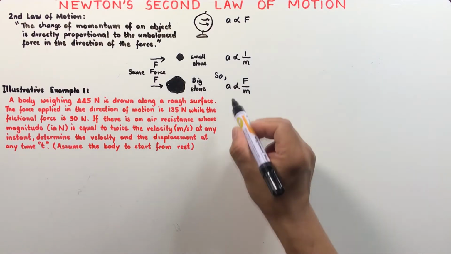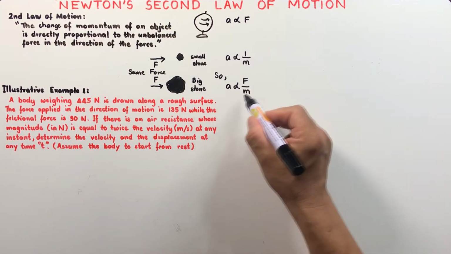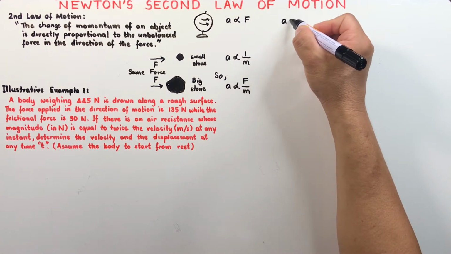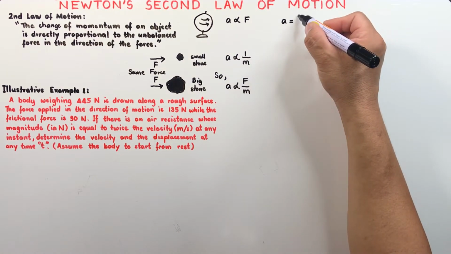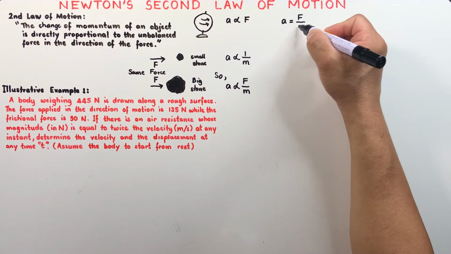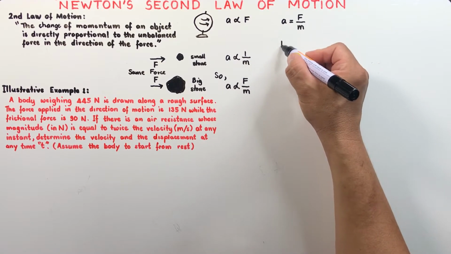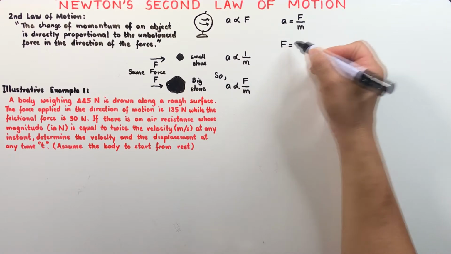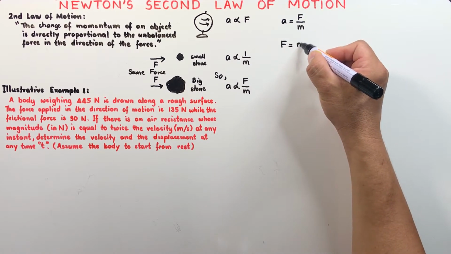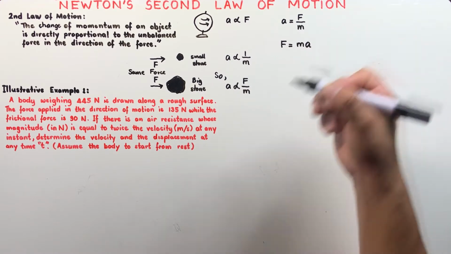And this is Newton's second law of motion, that acceleration is equal to the force over mass. So if you do simple arithmetic, we say that the force is equal to the product of its mass and acceleration.